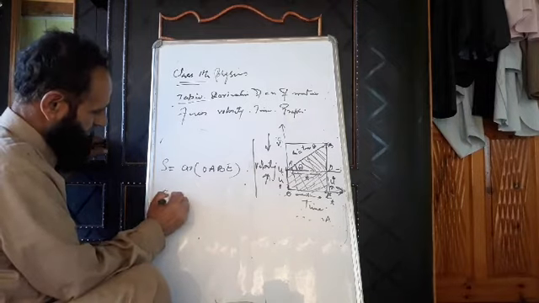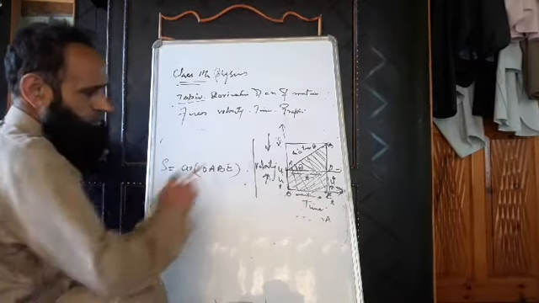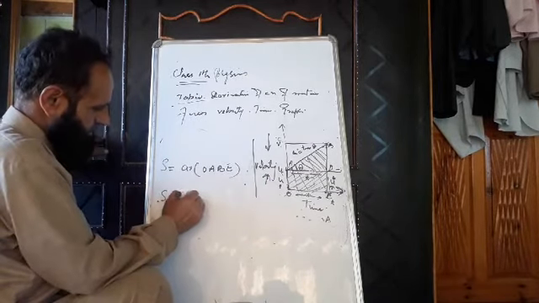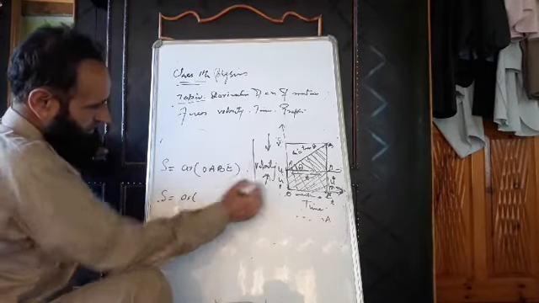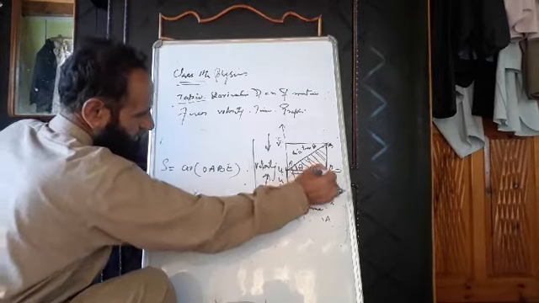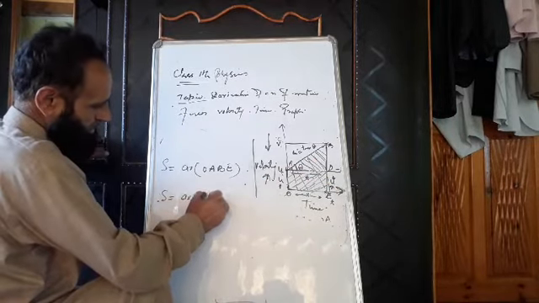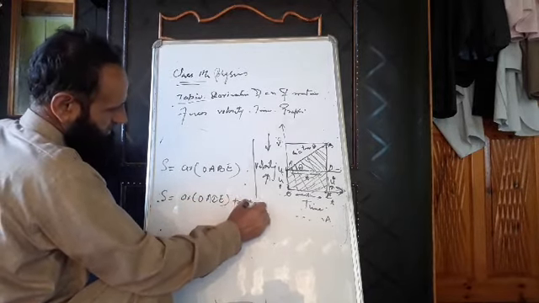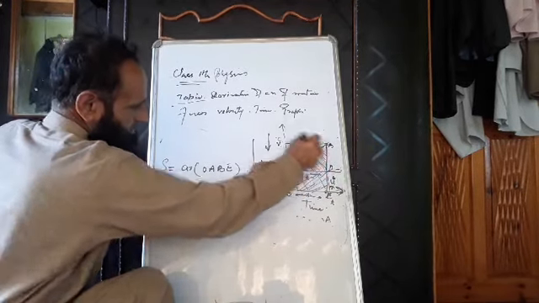This area of a trapezium is in two parts. One is the area of a rectangle OADE, plus the area of a triangle ADB.